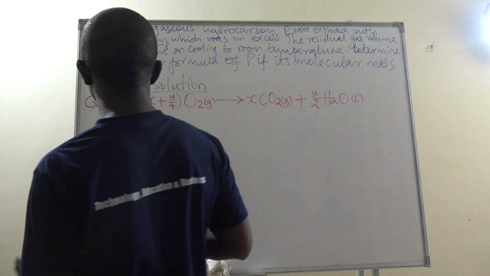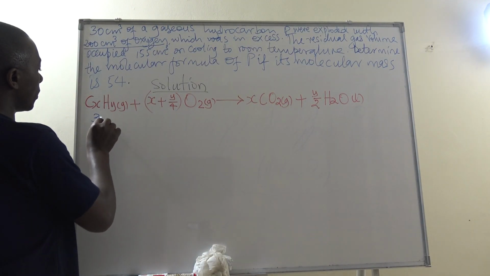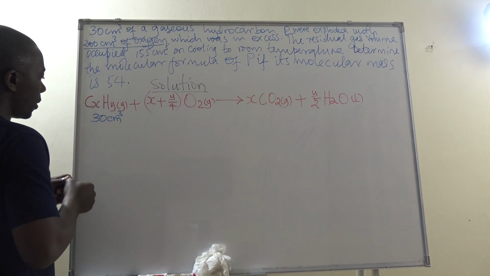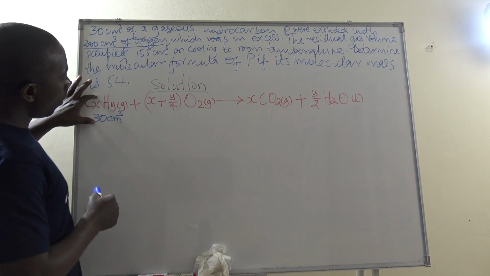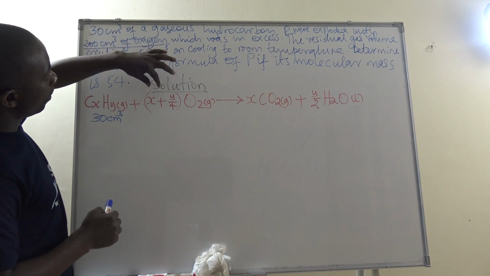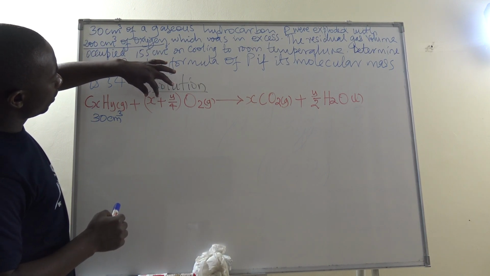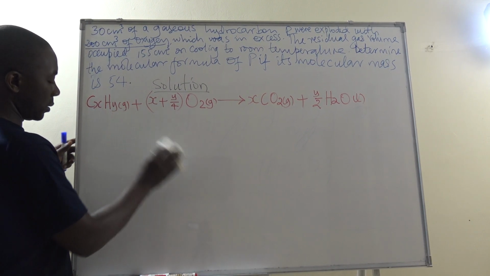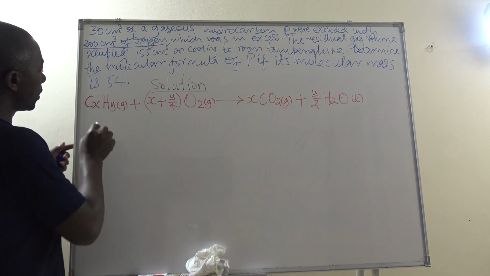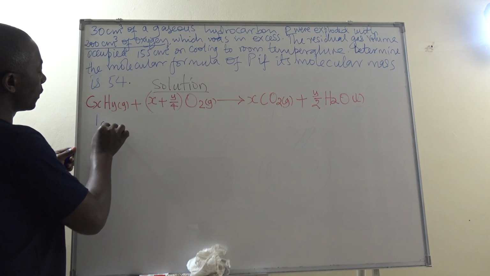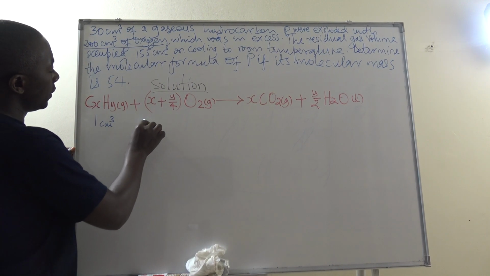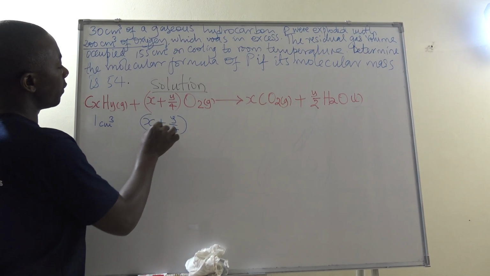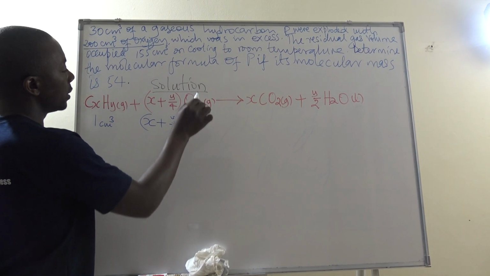Now, we have said that this is 30 cubic centimeters. This is what is reacting, and all of it is reacting. Maybe before I look at that, let me first look at this: this is 1 cubic centimeter, this is x, I'm looking at it by mole ratio. This is y over 4 cubic centimeter.